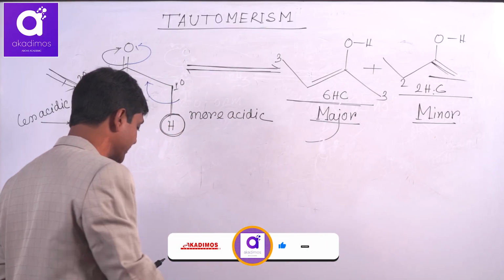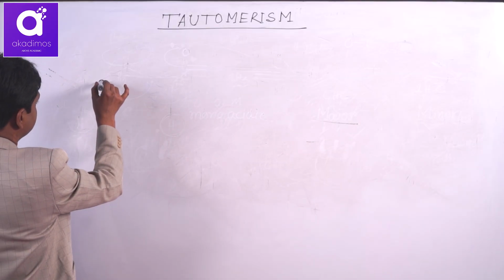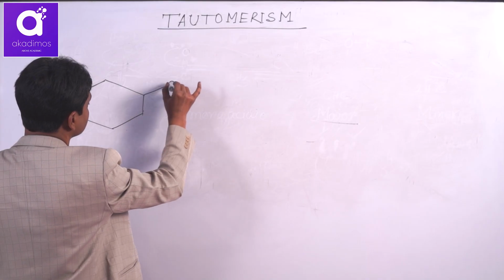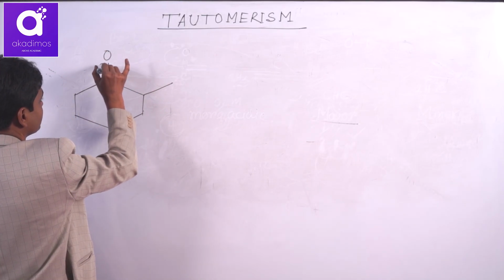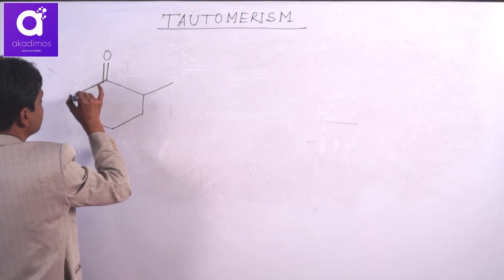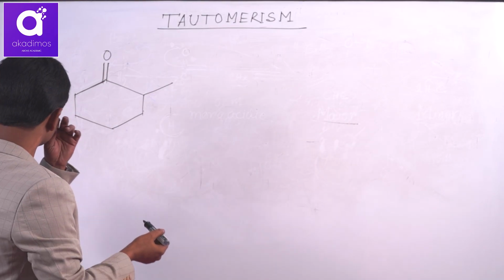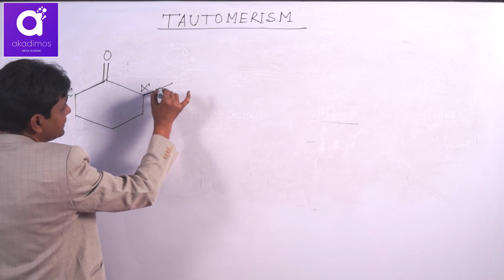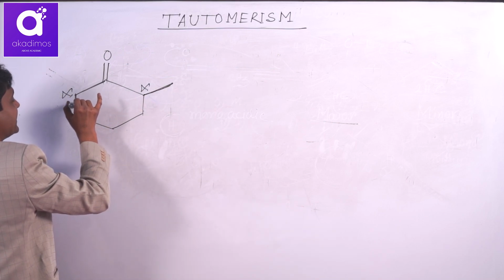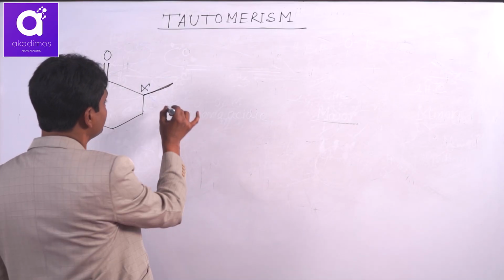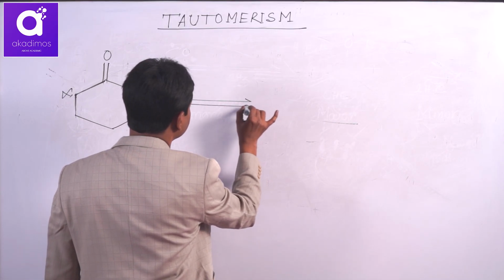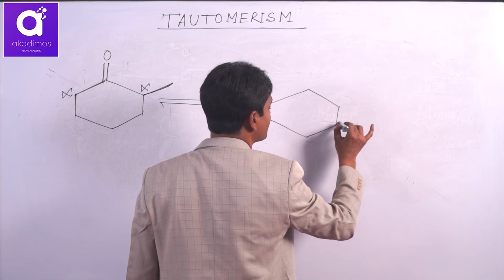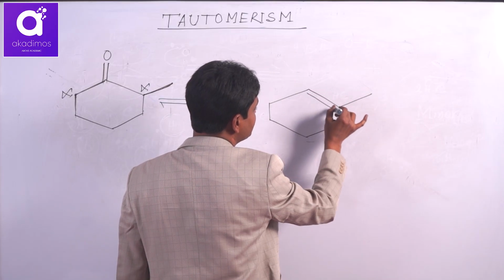I am going to give another example. Take a cyclic ketone. Similar, only I have changed here, it is cyclic. Now, here also you will get two different alpha carbons. This is tertiary, this is secondary. And here you will get two different enols. I am drawing the two different enols. This is one enol.